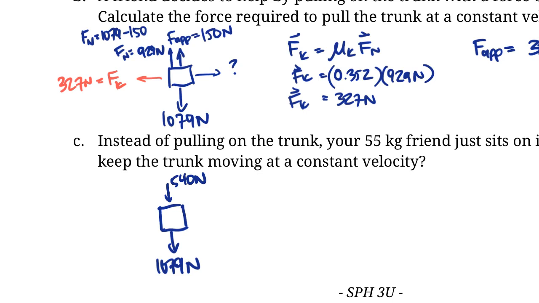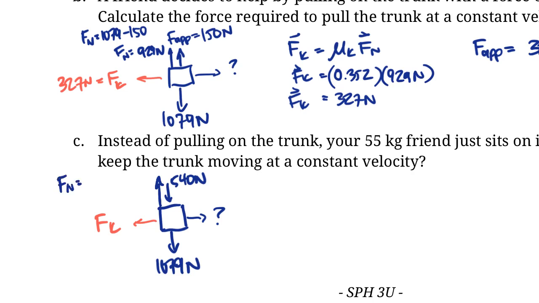So the question is, and of course, we're trying to find this force applied, and we don't know the force of friction, right? Because it's going to change, because potentially the normal force is going to change. So what is that normal force? Well, if we know that this is 1079 newtons down, this is 540 newtons down, the force required to support that weight, I should say, is going to be the sum of those two.